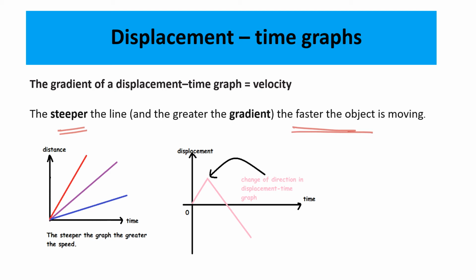Steeper the line means the gradient will be greater. When you plot a displacement time graph, please note that this displacement is a vector quantity. It is a distance in a given direction. It can have negative values.